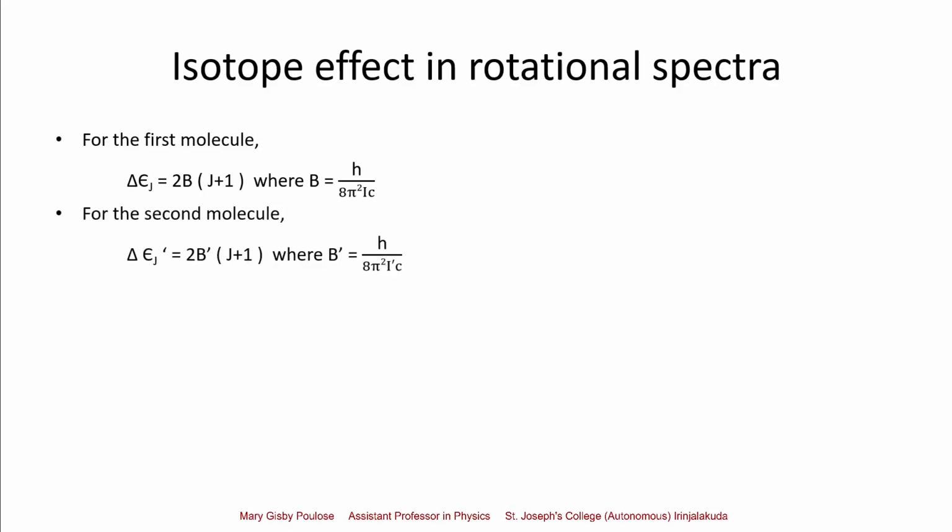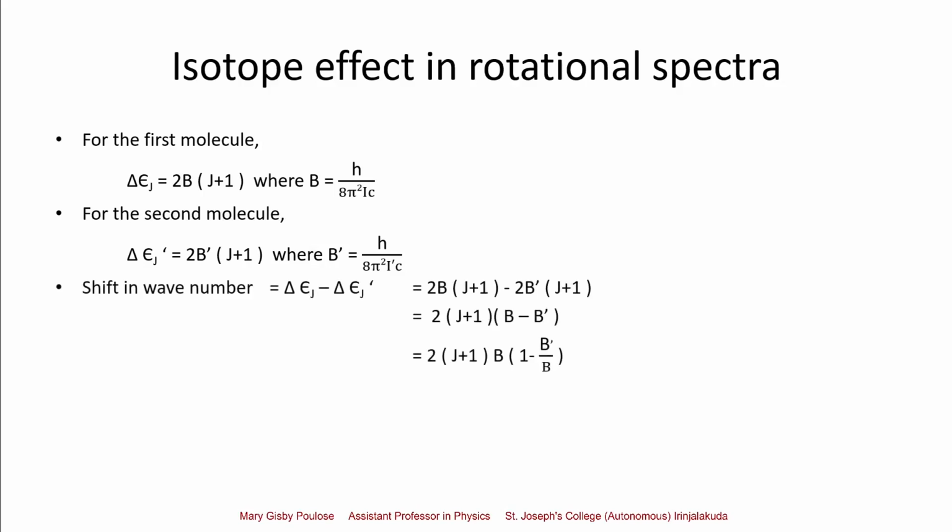For the second molecule, the energy change will be different because the rotational constant has changed due to the change in moment of inertia. When the moment of inertia has become I prime, the rotational constant has become B prime. Hence, the energy change from the J to J plus 1 state will be delta epsilon J prime, equal to 2B prime into J plus 1, where B prime is equal to h divided by 8 pi square I prime c.